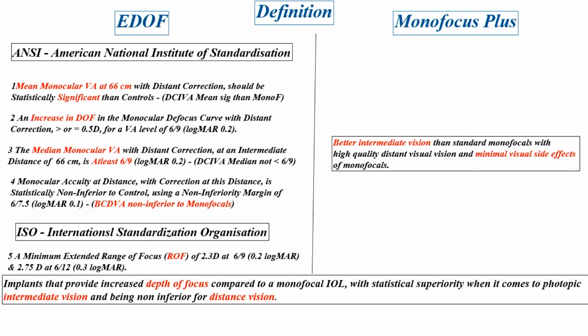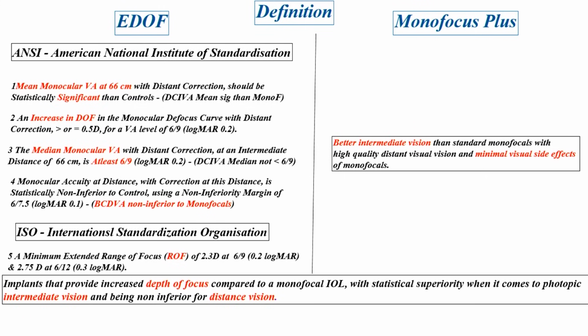So, there is a definition for EDOF which has been touched upon by the previous speakers. But according to the American National Standards Institute, it is actually quantified. The mean monocular visual acuity at 60 centimeter should be significantly better than monofocals. Monofocals are the controls.